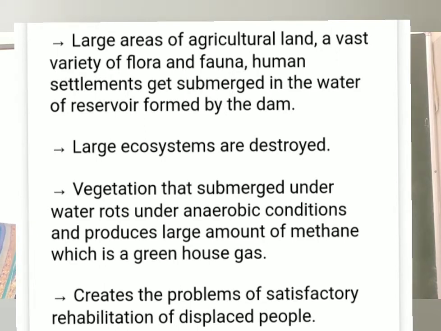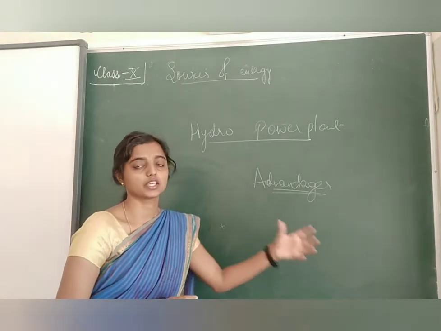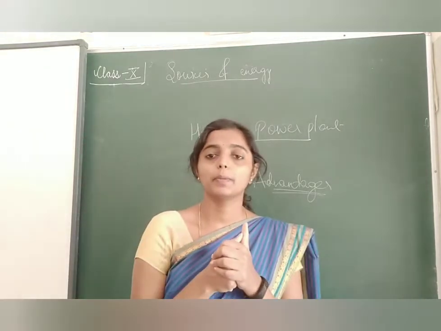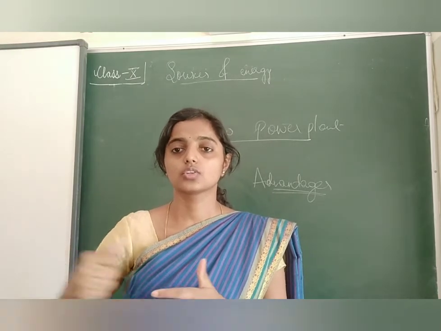The next one is that large ecosystems are destroyed, and vegetation submerged underwater rots under anaerobic conditions and produces a large amount of methane, which is a greenhouse gas, and it creates the problem of satisfactory rehabilitation of displaced people. So what was the last point we heard? Satisfactory rehabilitation for the displaced people. People will argue that they can't adjust or go and occupy some other place.